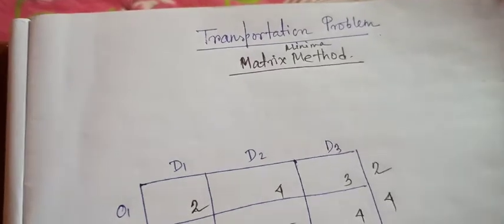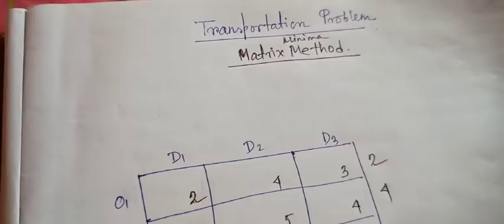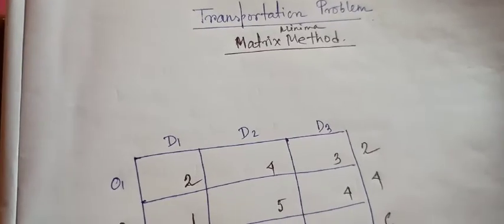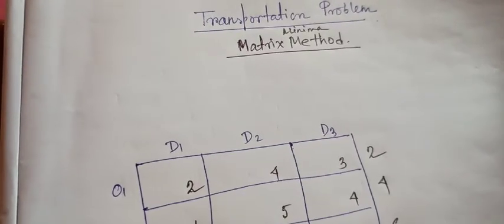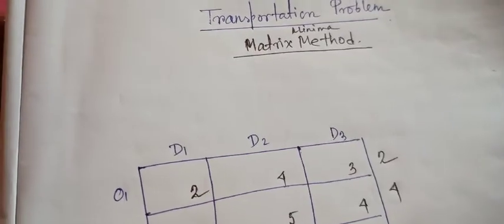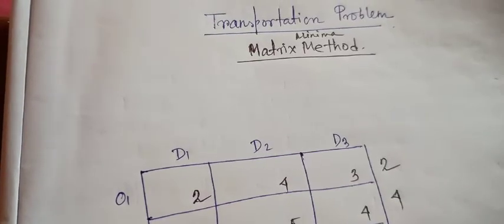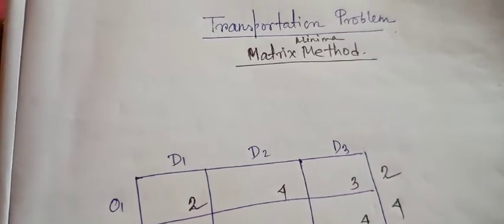Hello. In this video we will discuss how to solve a transportation problem by using the matrix minima method. Before discussing the matrix minima method, we have to know what a transportation problem is.